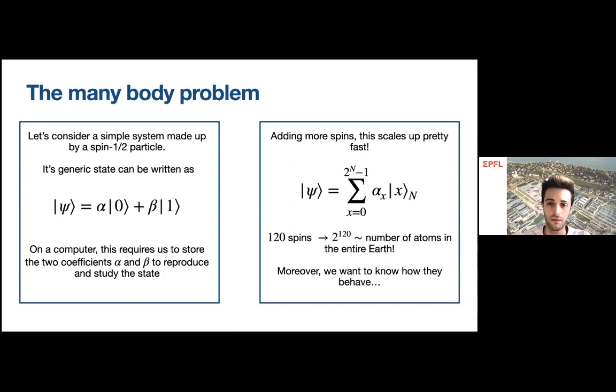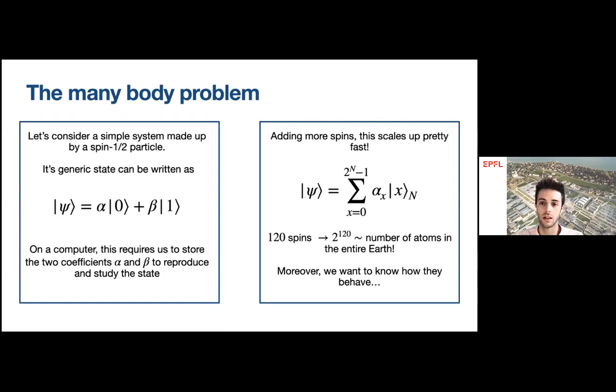So if you think of x here as a number in binary digits, n binary digits, I can have 2 to the n binary strings.